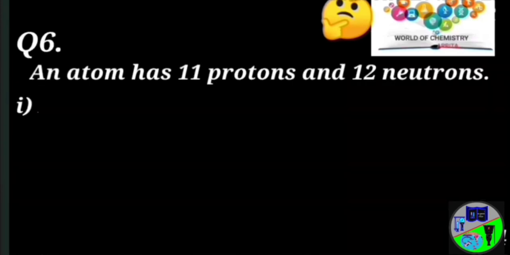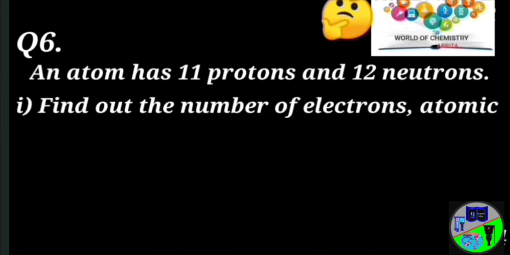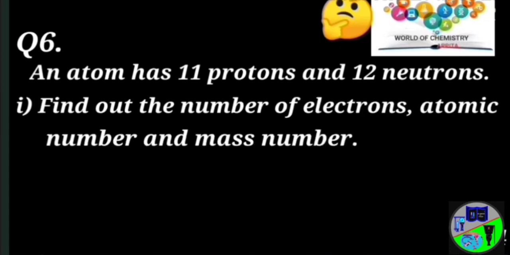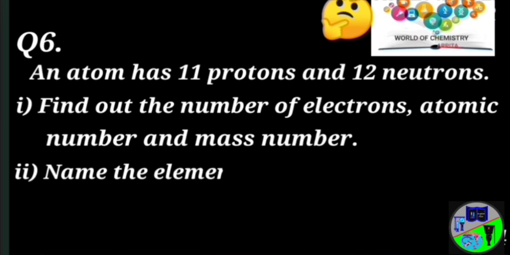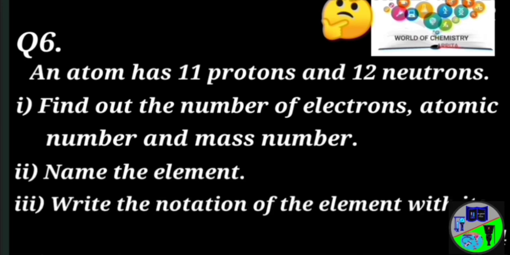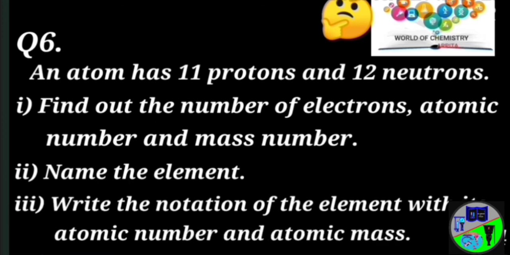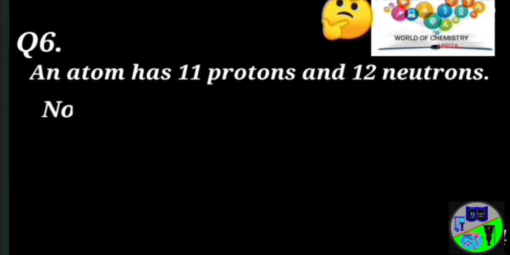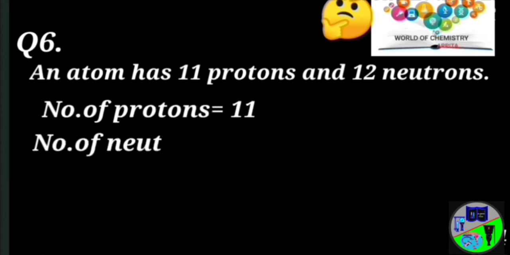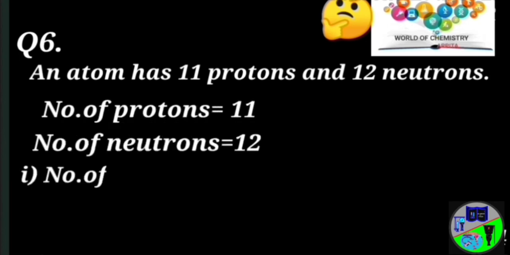Question 6. An atom has 11 protons and 12 neutrons. Find out the number of electrons, atomic number and mass number. Name the element. Third part is to write the notation of the element with its atomic number and atomic mass. Number of protons given is 11 and neutrons is 12.